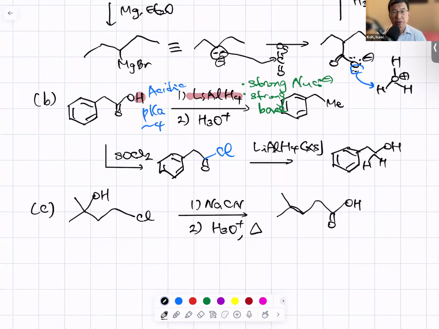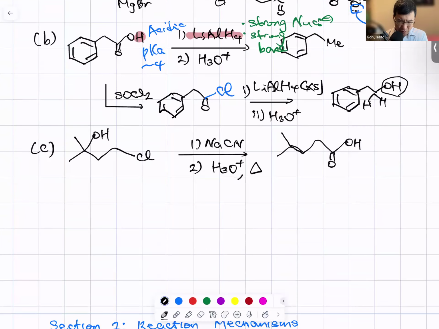So this is a flaw. First, this one makes primary alcohol with lithium aluminum hydride followed by acidic workup. Second, lithium aluminum hydride will react with this carboxylic acid in an acid-base reaction. So there are many flaws in the second method.